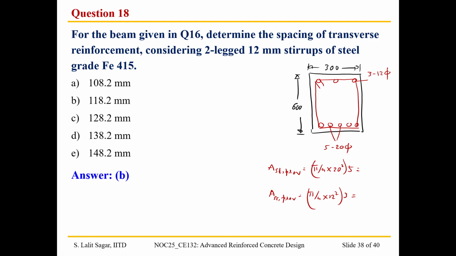AST provided is 1570.8 mm square. This is pi by 4 into 12 square into 3. Yeah, that is 339.3.